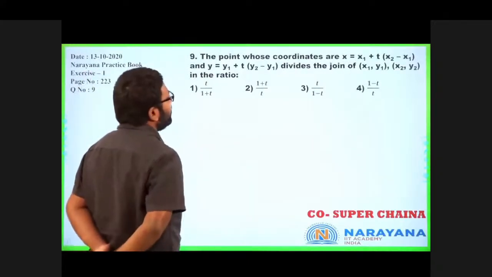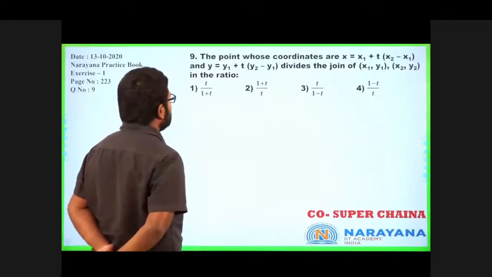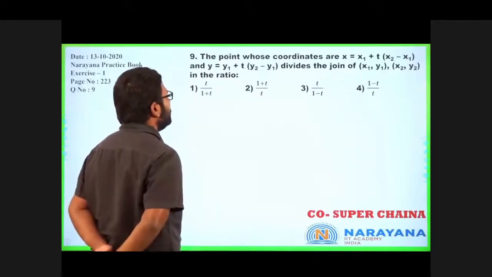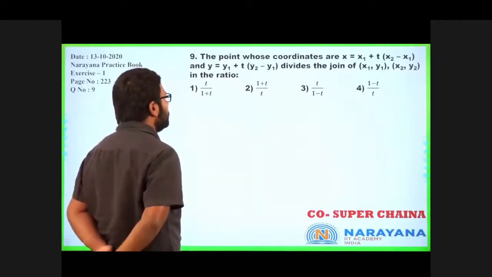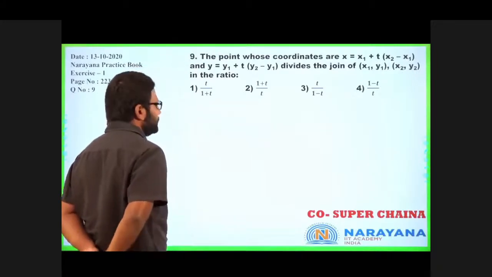The point whose coordinates are x equals x1 plus t into (x2 minus x1), y equals y1 plus t into (y2 minus y1) divides the join of (x1, y1) and (x2, y2) in the ratio.